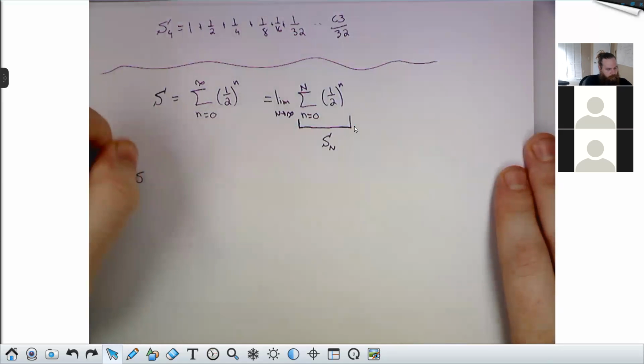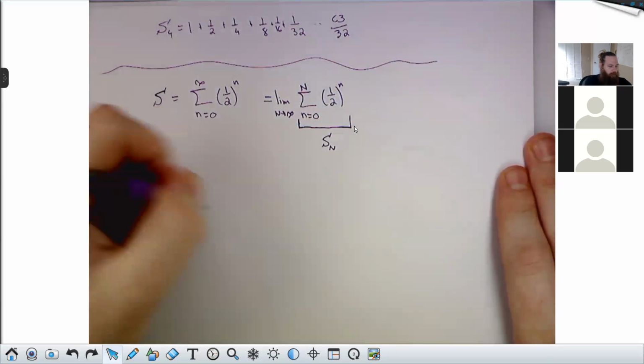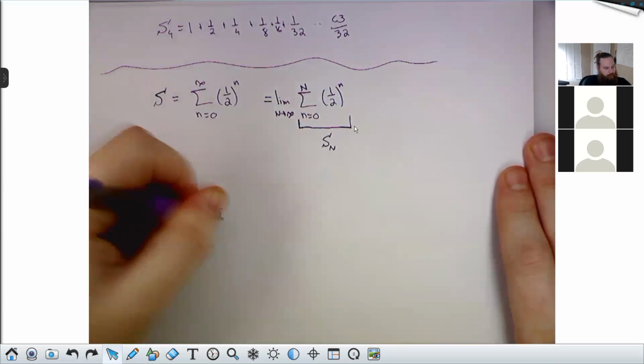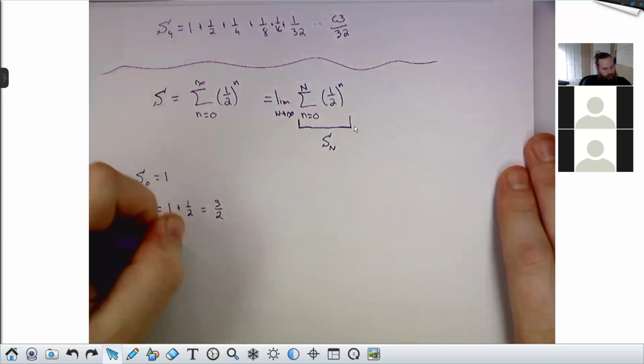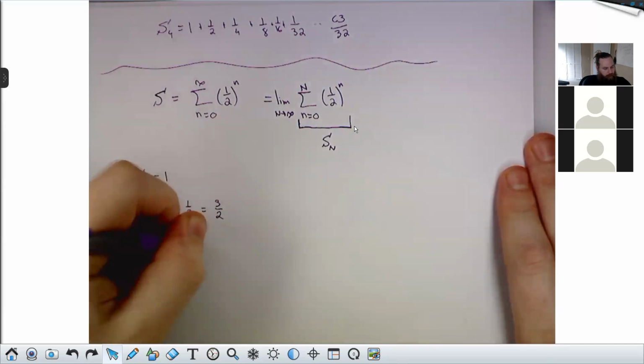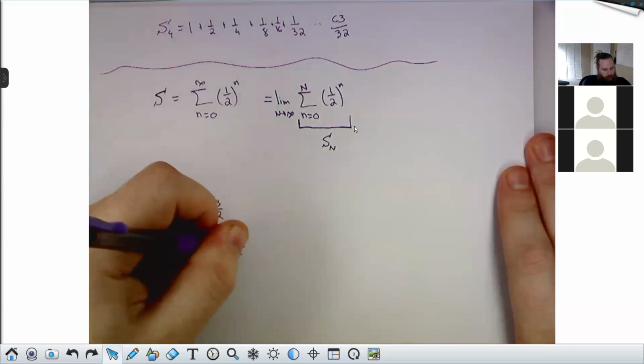So again, we said here that S0 was 1. S1 is 1 plus 1/2, which was 3/2. S2 was 1 plus 1/2 plus 1/4, which was 7/4.